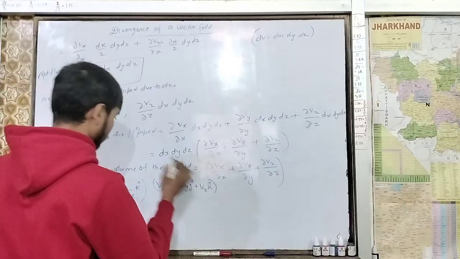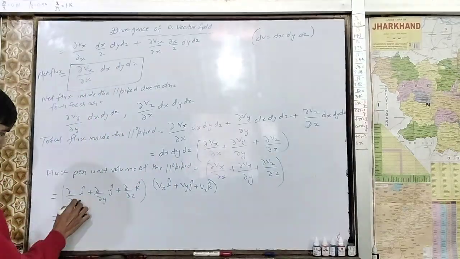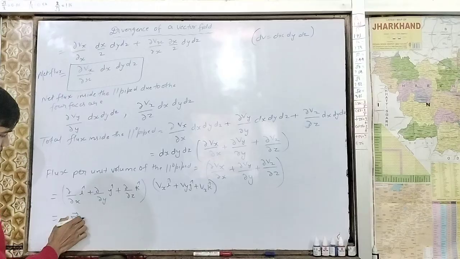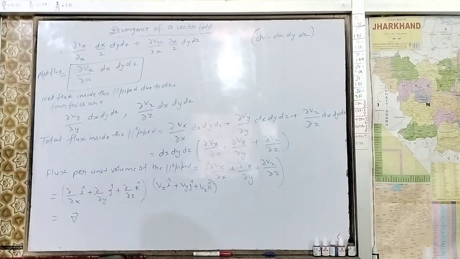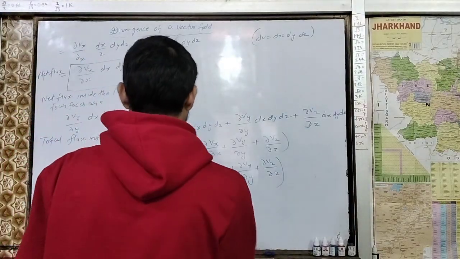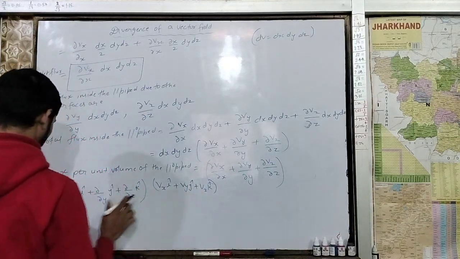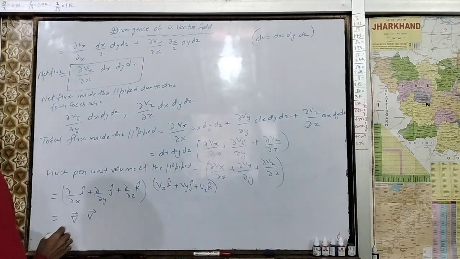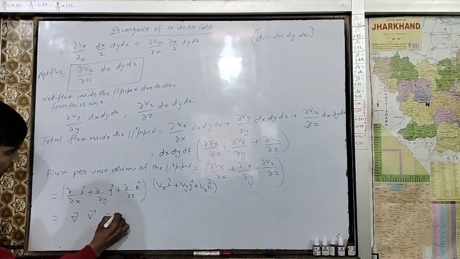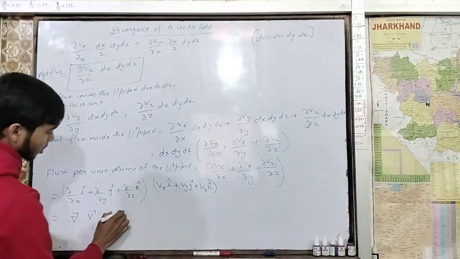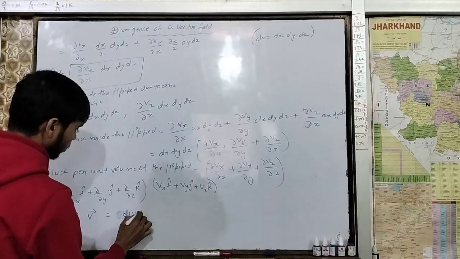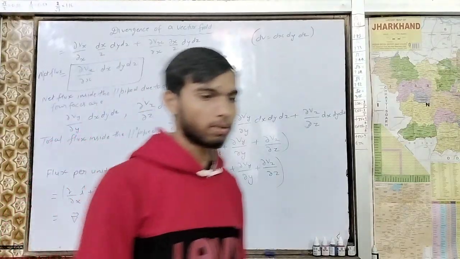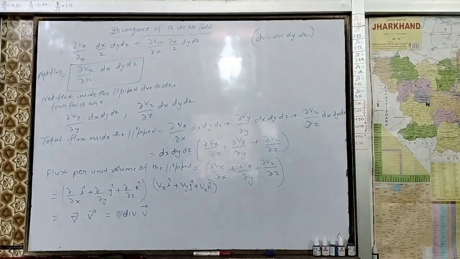Now this is our del operator. The dot means a scalar product, and this is our velocity vector, and you can write this as the divergence of the velocity vector.